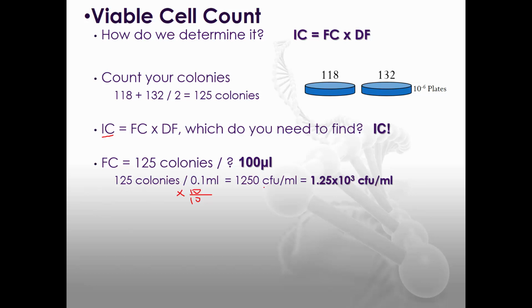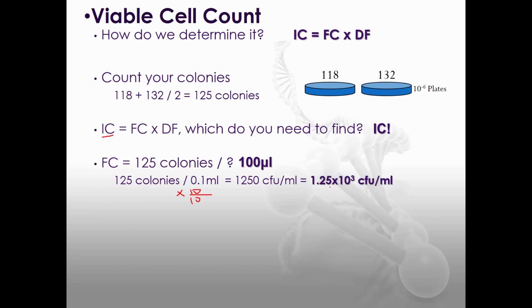Same thing as the mutant colony forming units, right? We don't know for sure that a single colony came from a single cell, or that all of the cells were alive. So that's our fudge factor right there. And then we should turn this into scientific notation: 1.25 times 10 to the 3 colony forming units per mil.